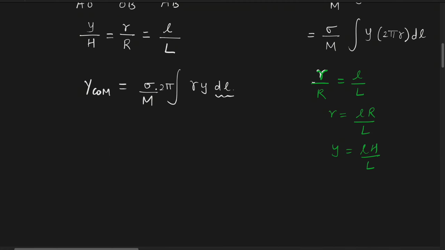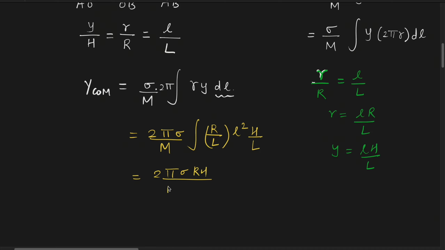So let's do that here now. This will be 2 pi sigma upon M integral r into y. So r is R by capital L into small l, and y can be written as l square H by capital L. So I can write this as 2 pi sigma RH by ML square integral l square dl.